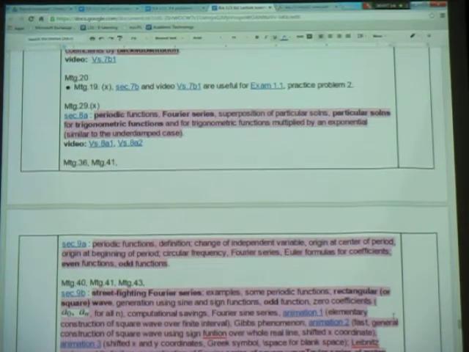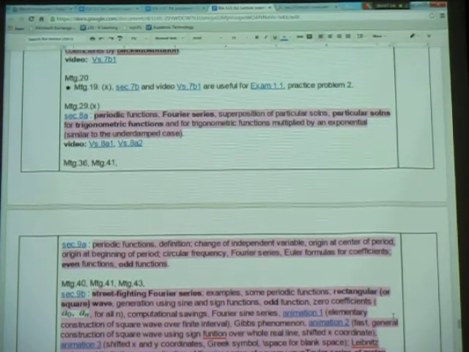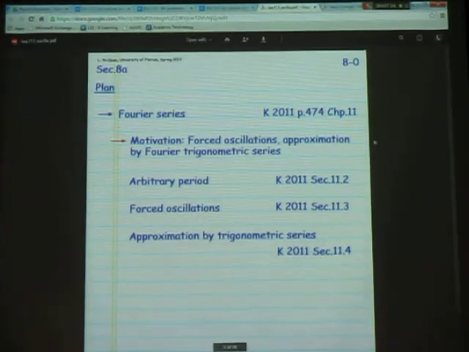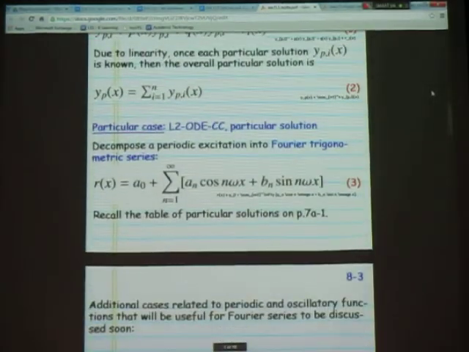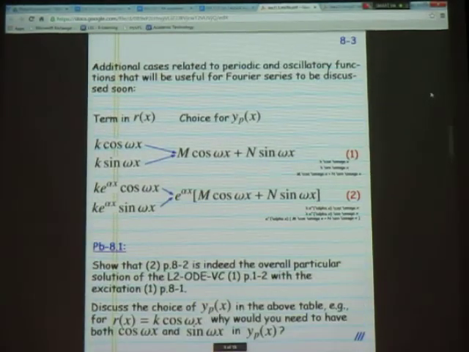That's the one. So let's bring up quickly that section 8a, and there are also the videos there. But I just want to remind you which page, because I did show it to you before. This part here, right here.